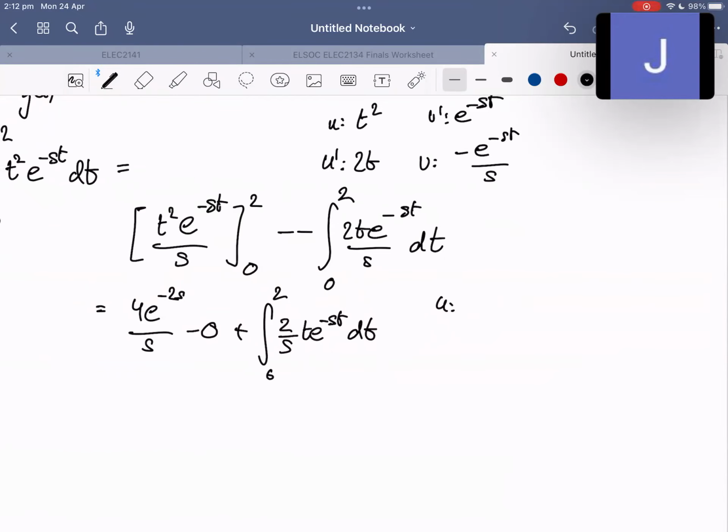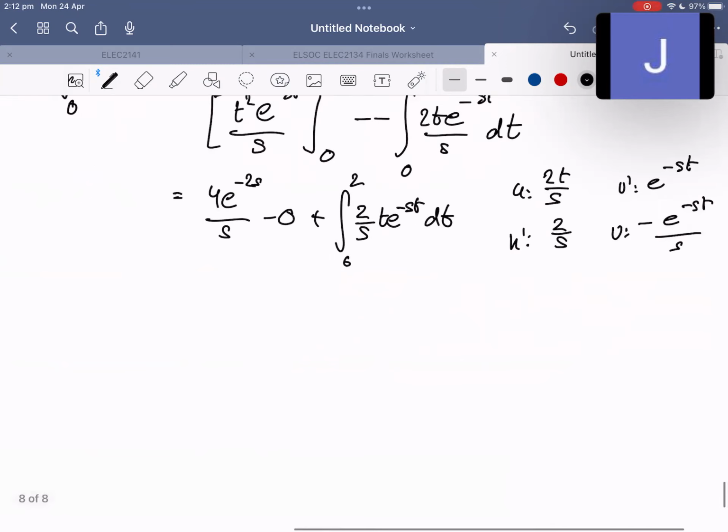So let my u be 2t on s, and then u dash is just 2 on s, and my v dash is e to the minus st. My v is negative e to the minus st over s again.